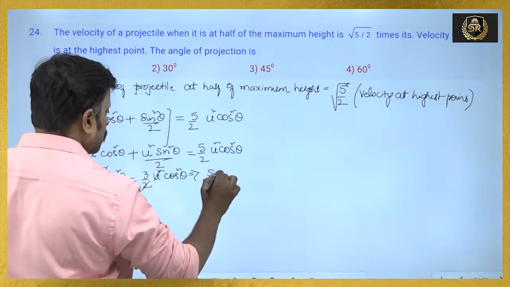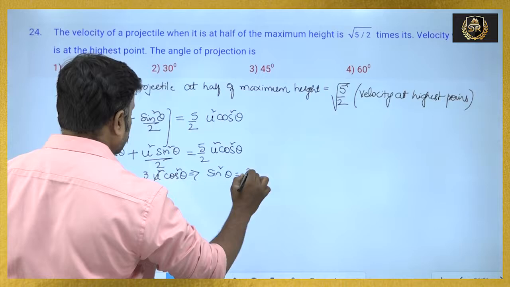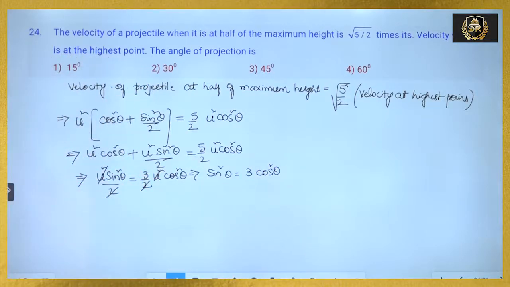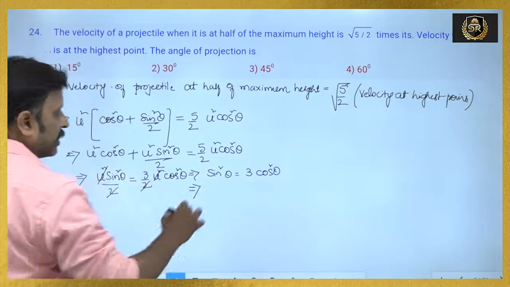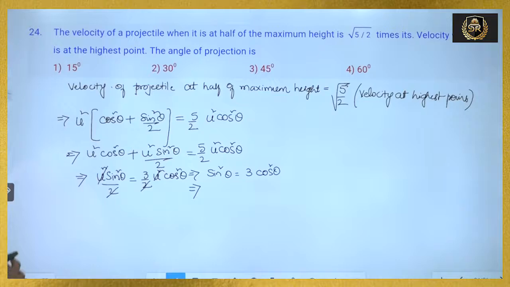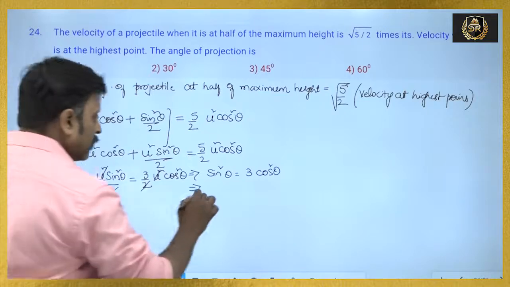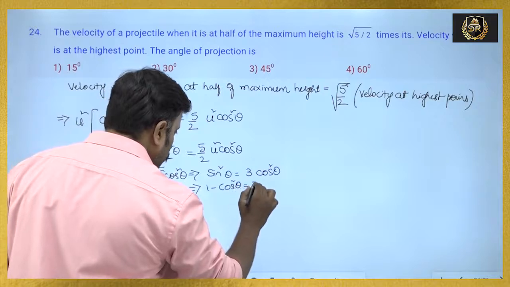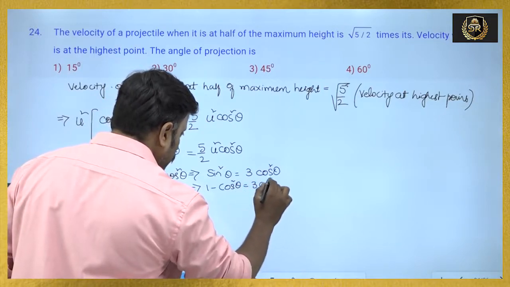You are left with sin square theta is equal to 3 cos square theta. Okay. Sin square theta, can I write it as 1 minus cos square theta? So 1 minus cos square theta is 3 cos square theta.